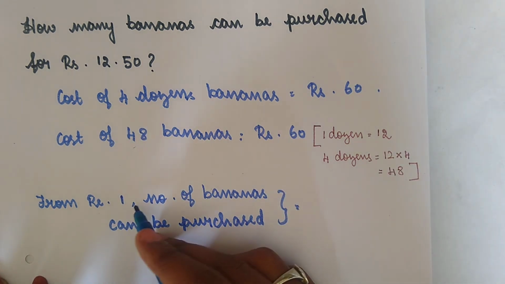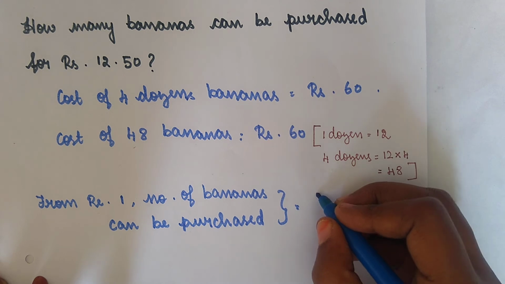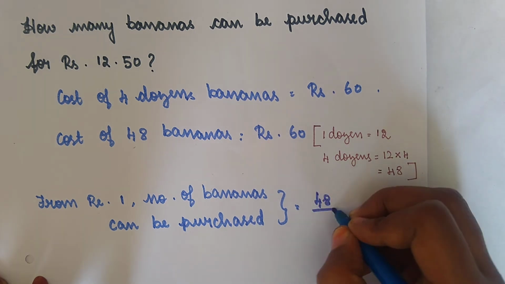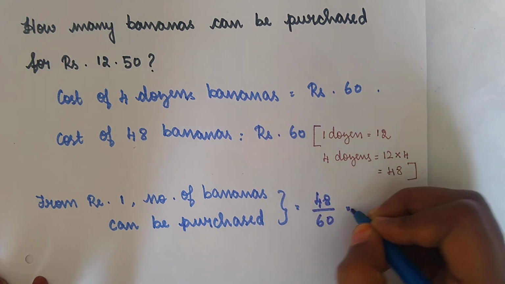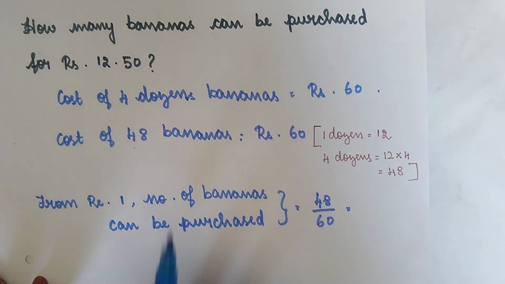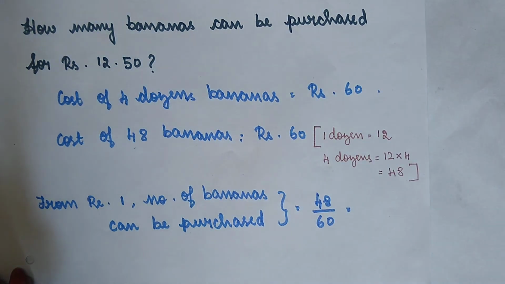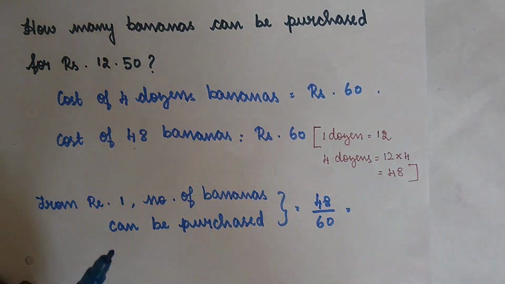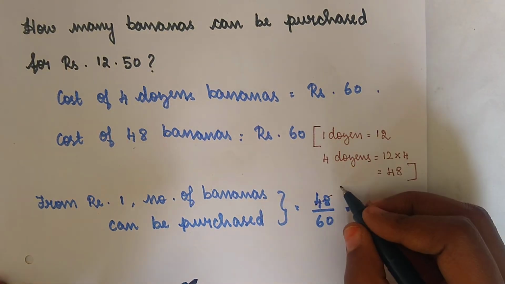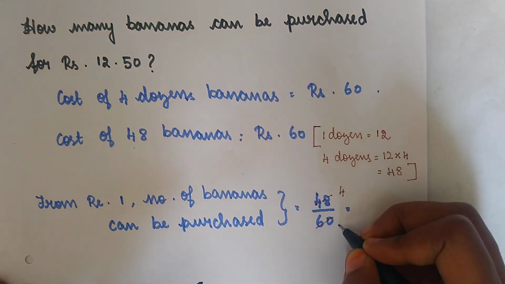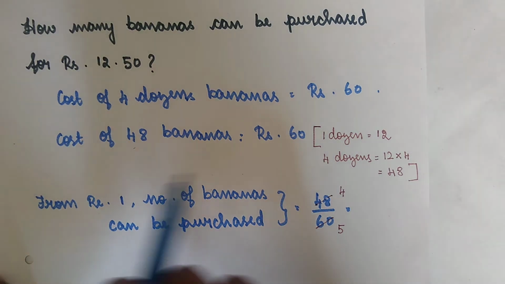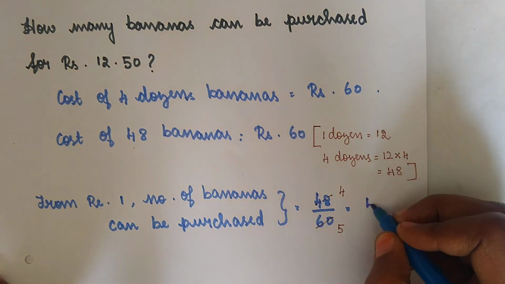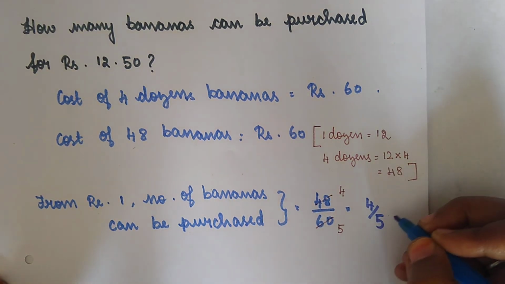So from rupee 1 means 48 divided by 60. We have to cancel in 12 table. 4 12s are 48, 5 12s are 60. So 4 by 5.